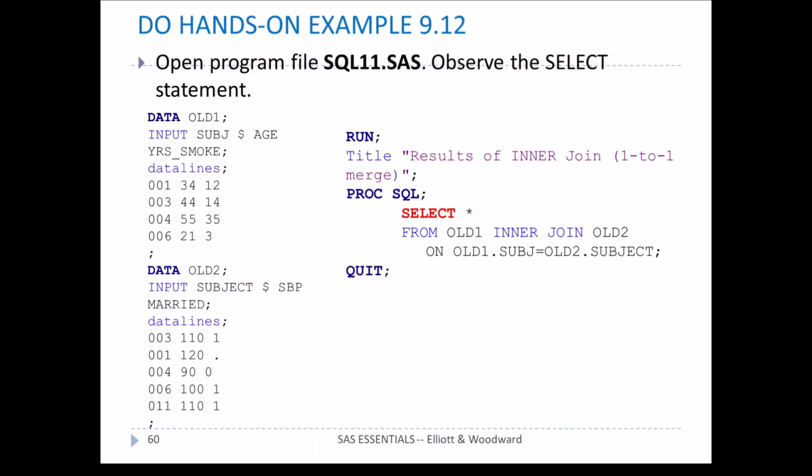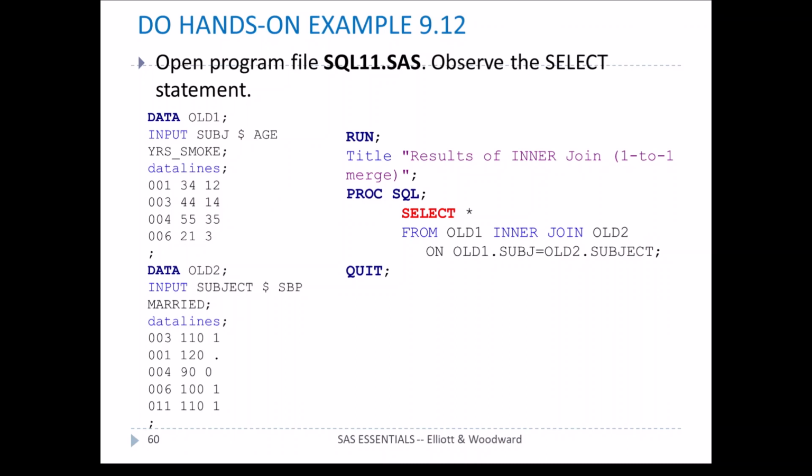All right, so let's open up a program file called SQL11.SAS and look at, again, we've created the two data sets, old one and old two. And now we're going to do the proc SQL select all from old one, and again, notice an inner join old two.